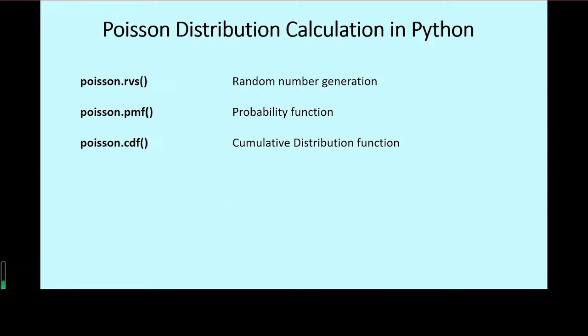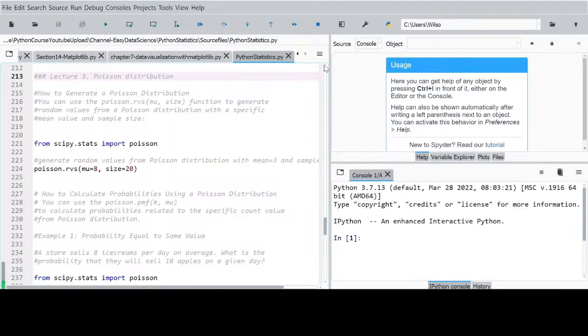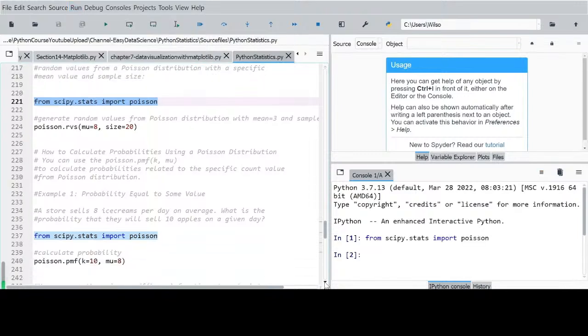So next we will show some examples of performing the Poisson distribution in Python. First we have to import the Poisson module from the package scipy.stats. So scipy is a statistics package.